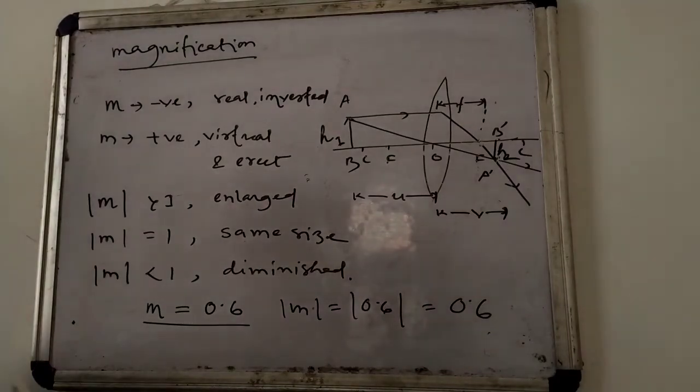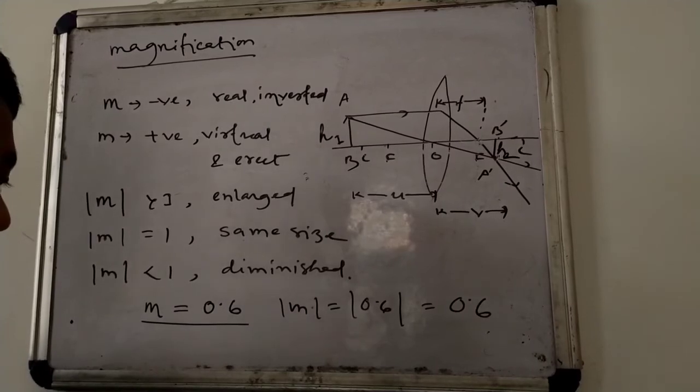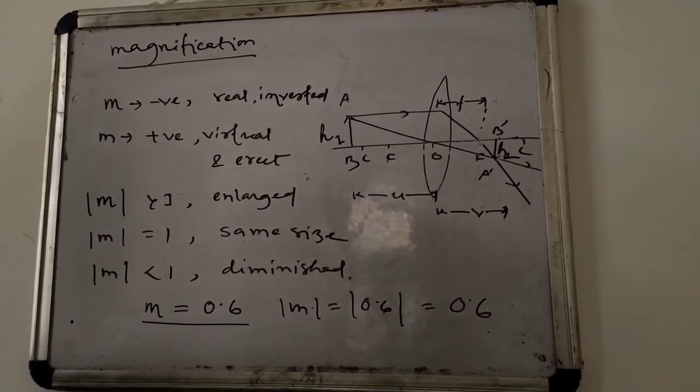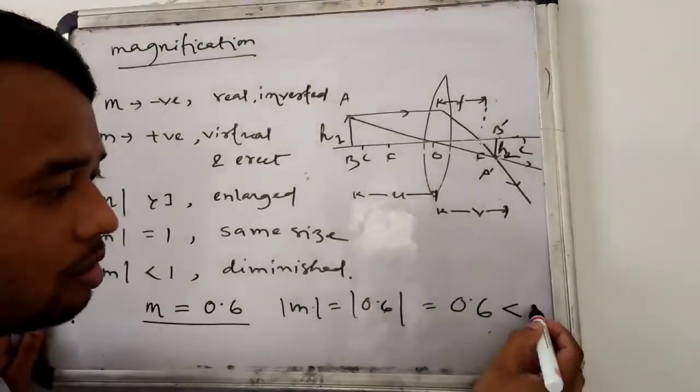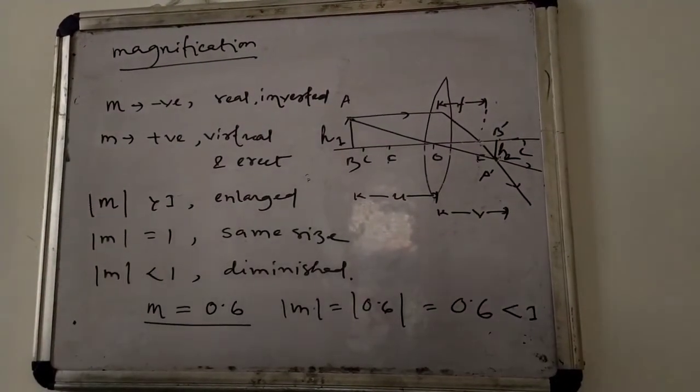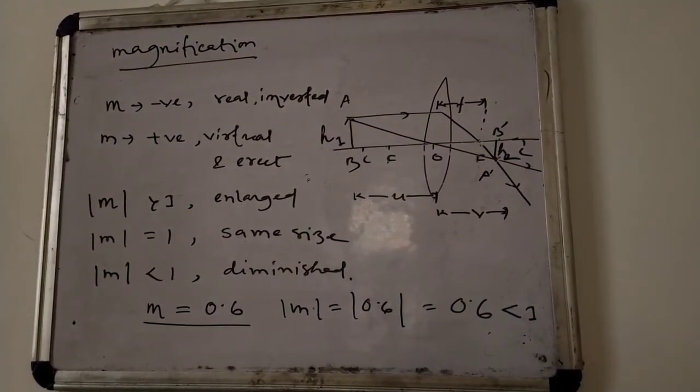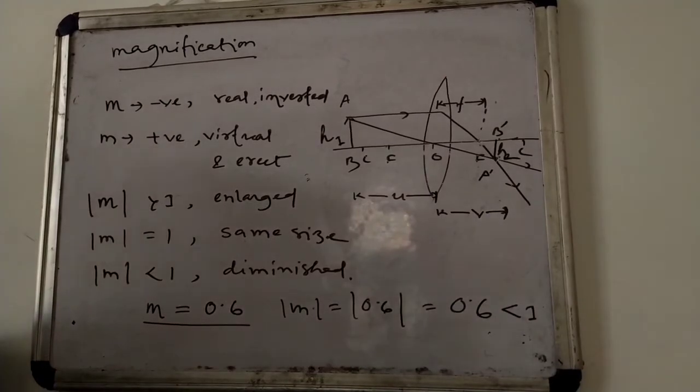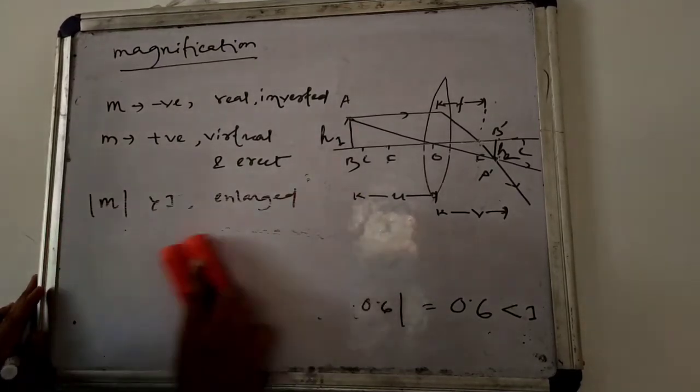That means if the magnification may be either positive or negative, after taking the modulus sign, any sign will be neglected. So this 0.6 is less than 1, then the image will be diminished. So in this way, from the value of the magnification, we can say the nature of the image.